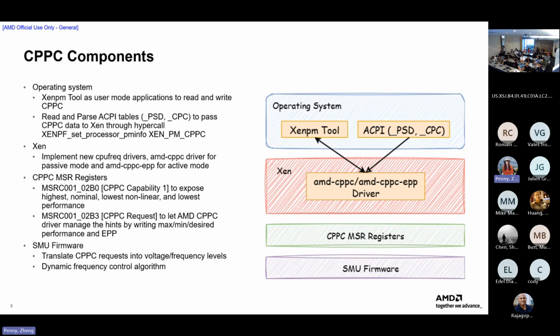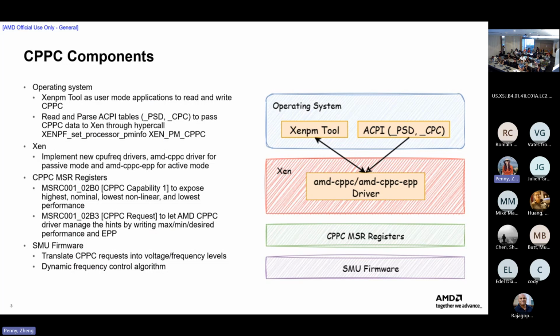What SMU exposes to the Xen driver is the CPPC MSR register layer. Here I haven't listed all the MSR registers, just the two commonly used ones, CPPC Capability 1 and CPPC Request Register. The driver first needs to read the CPPC Capability Register to know this platform's performance capability: the highest, the lowest, the nominal, and the lowest nonlinear.